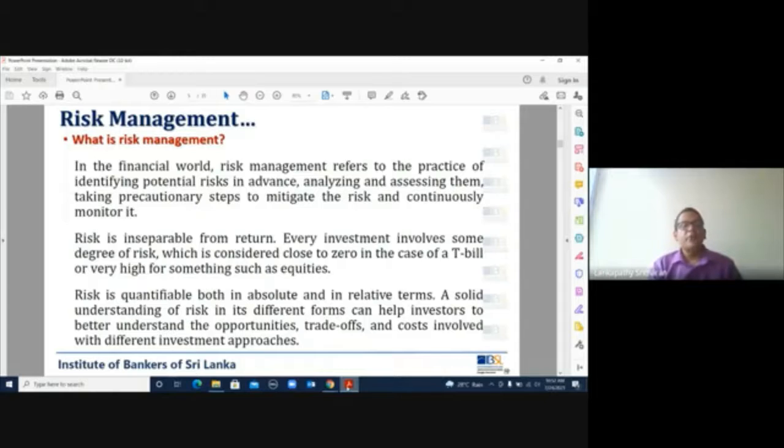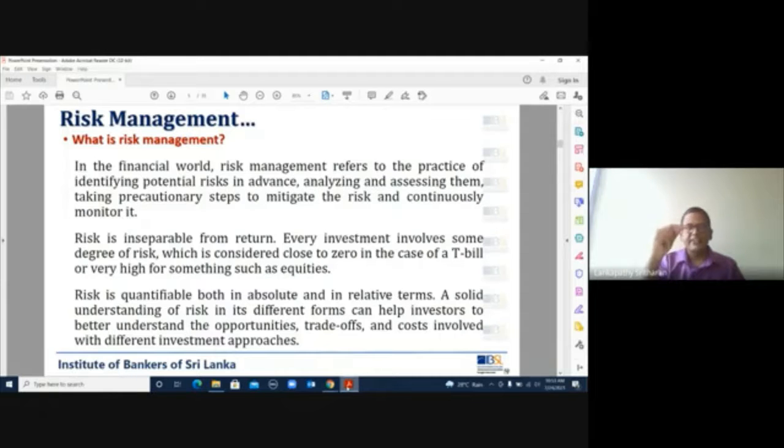Then the second bullet point I have mentioned: risk is inseparable from return. Whenever you are expecting a return, there will definitely be a risk. Every investment involves some degree of risk, which is considered close to zero in the case of treasury bills, or very high for investments like equities. There are two messages from this bullet point. First, return is always connected with risk.